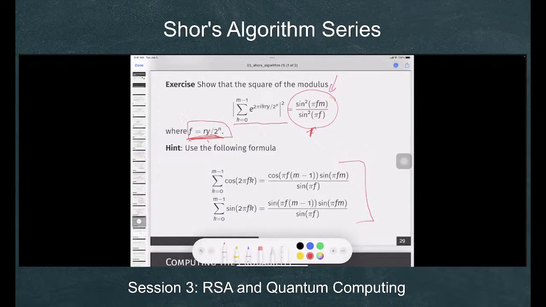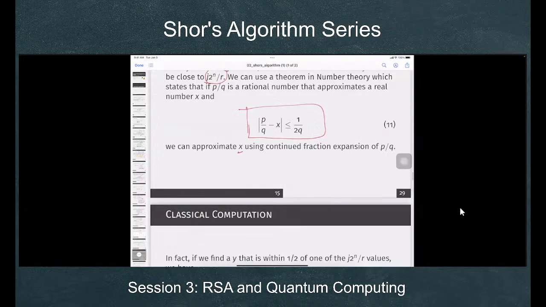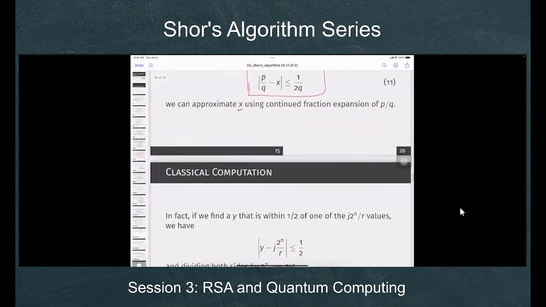So we know that when we measure the system, you know p over q, but you don't know x. But you can approximate x by doing a continued fraction expansion, which I will explain later. Given this theorem, let's apply that to our case here.